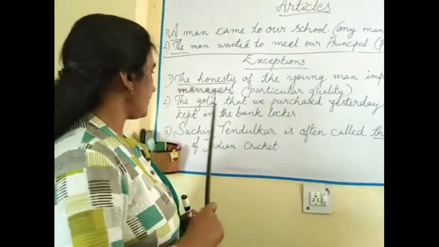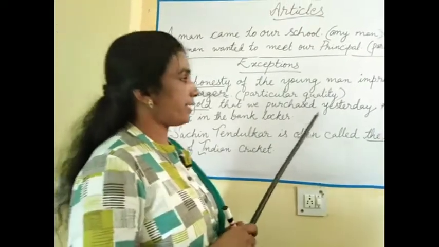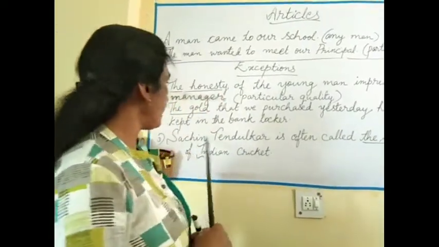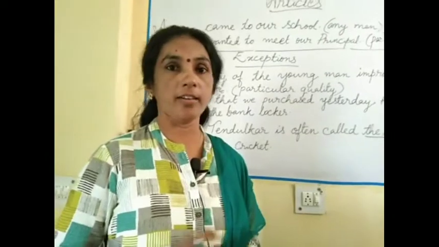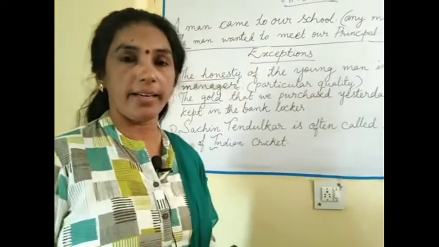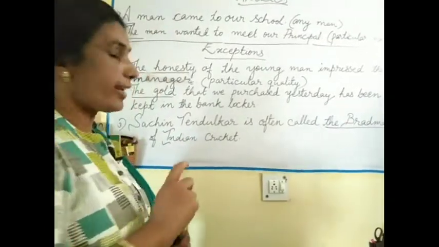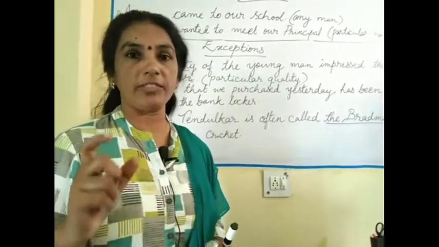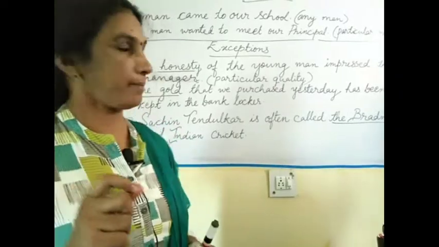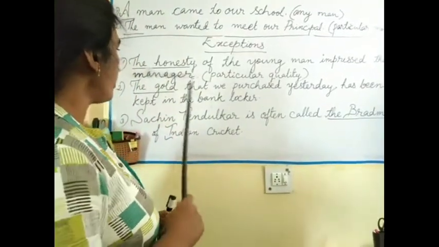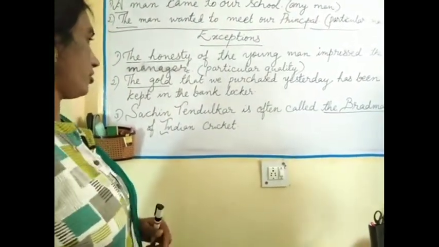In the second sentence, the gold that we purchased yesterday has been kept in the bank locker. Gold is a material noun, and in this sentence we know that we are talking about the particular gold which we have purchased yesterday. So we have used "the" before gold.